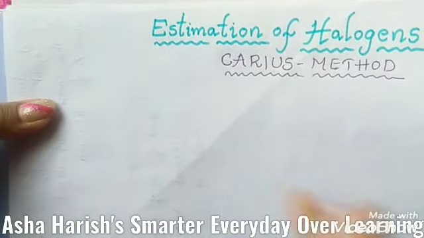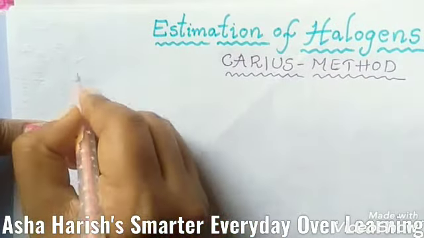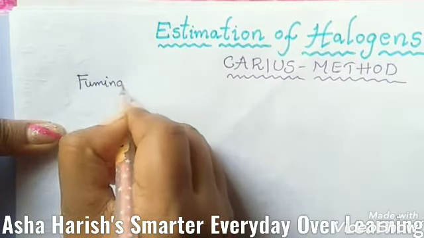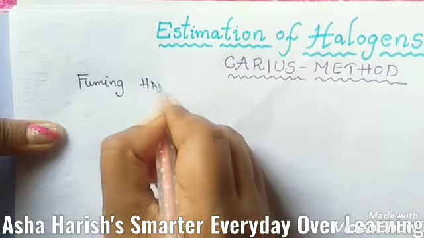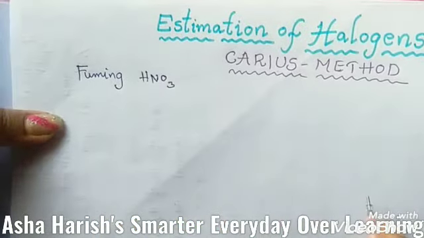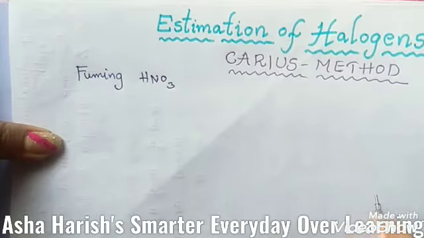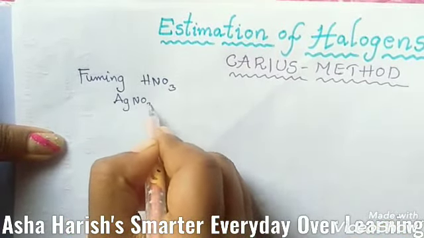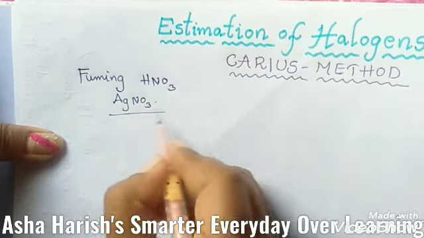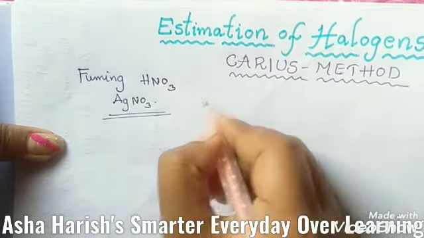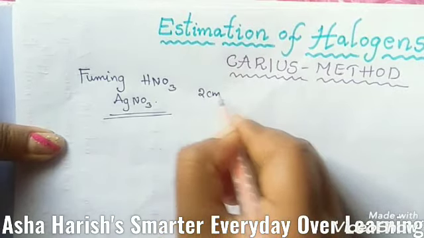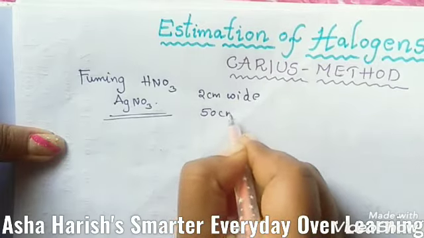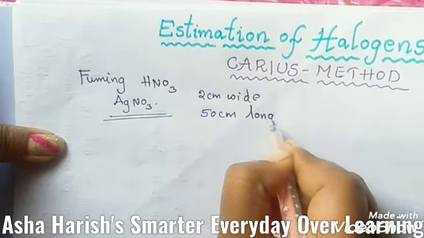Suppose a known mass of the organic substance is heated with fuming nitric acid, HNO3, and a few crystals of silver nitrate in a sealed hard glass tube, about 2 centimeters wide and 50 centimeters long.